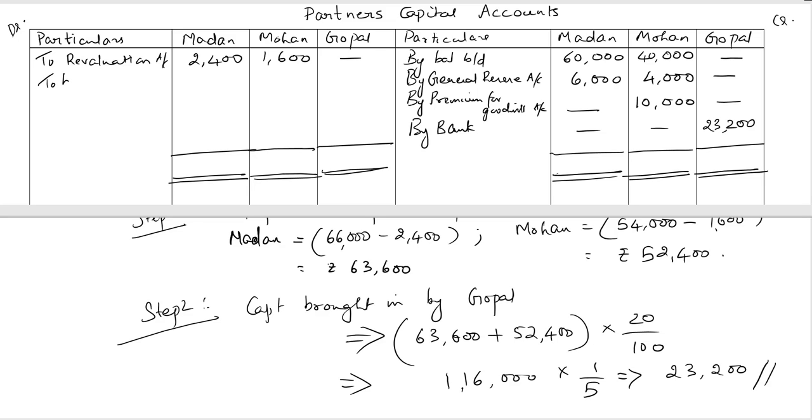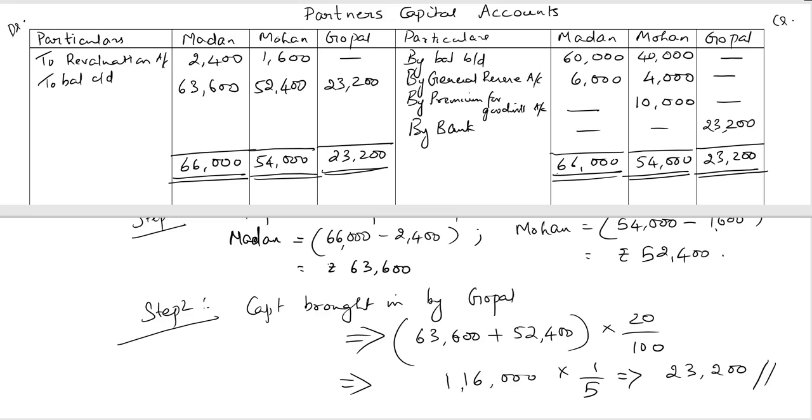To balance carried down. 66,000 greater total for Madan minus 2,400, we have 63,600. In the case of Mohan, 54,000 greater total minus 1,600, 52,400. And the case of Gopal, 23,200 rupees greater total. Balance carried down is also 23,200 rupees.